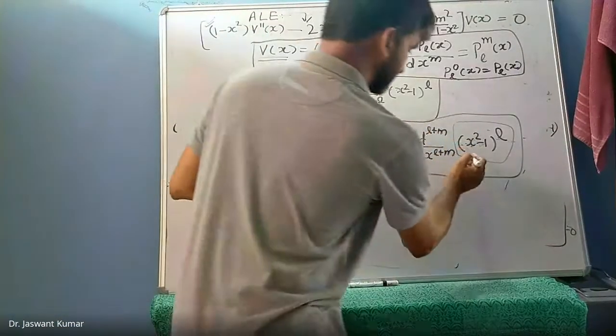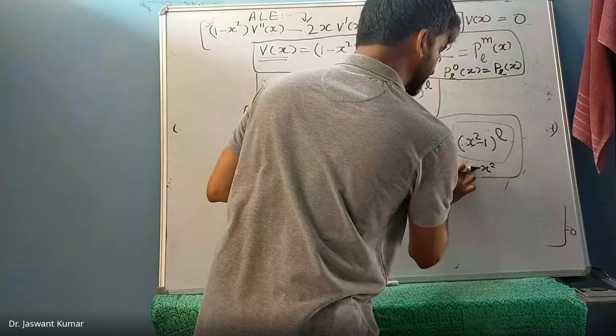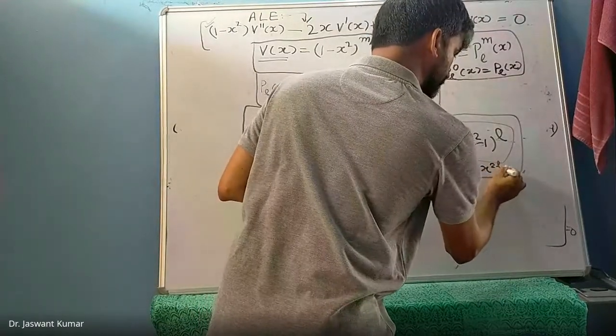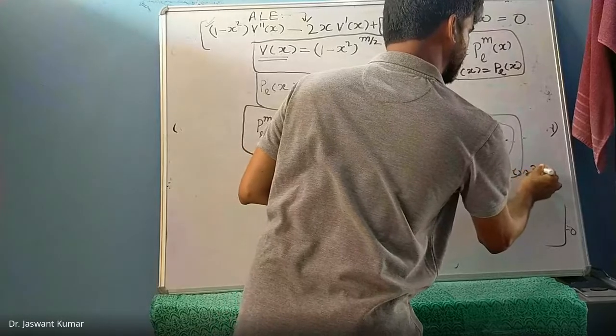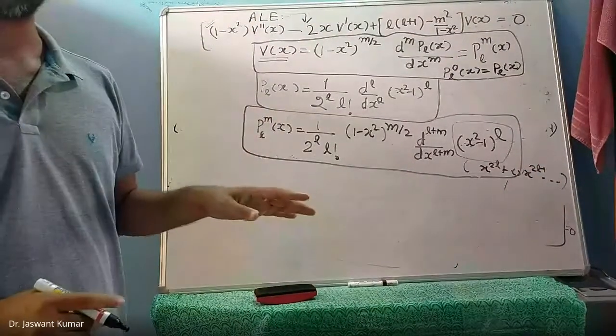So that means this expression will be some alpha x to the power 2L, where alpha is maybe equal to 1, plus something into x to the power 2L minus 1 and so on. It will be like this, right, children?